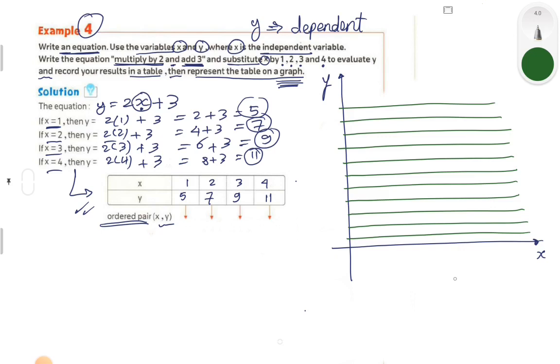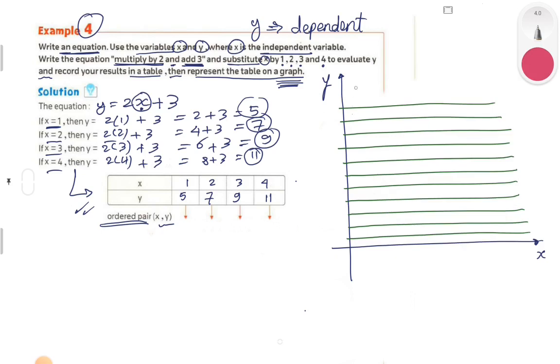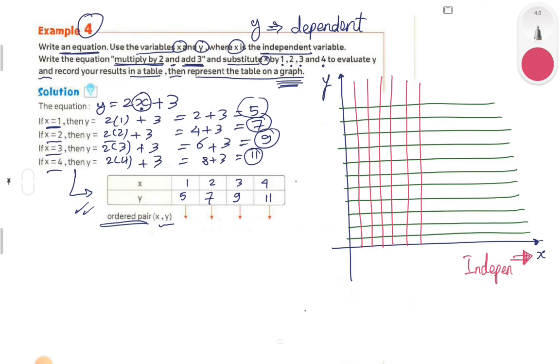This one is parallel to the x-axis, and another will be parallel to the y-axis. Like that. Always the x-axis is the independent variable and y is the dependent variable.